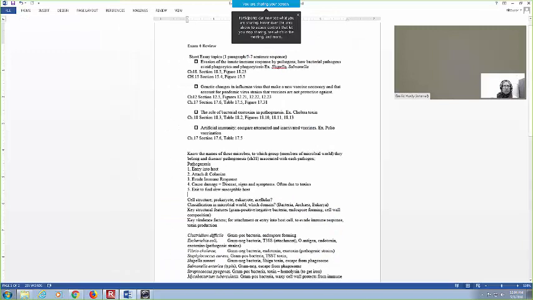First, remember that in pathogenesis, there are these 3 basic steps after the entry into the host in order to cause disease. So attachment is required before the bacteria can colonize.